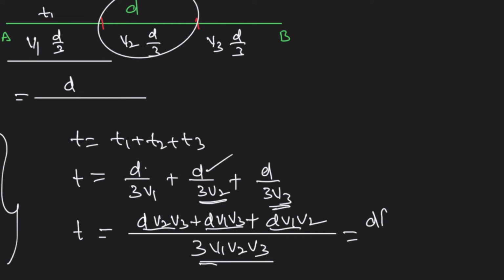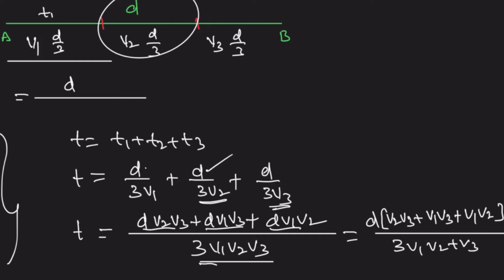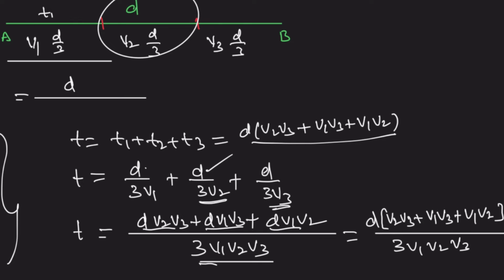So we get d common, then v2 v3 plus v1 v3 plus v1 v2, by 3 v1 v2 v3. So this is the total time. Now total time is d times v2 v3 plus v1 v3 plus v1 v2 by 3 v1 v2 v3.